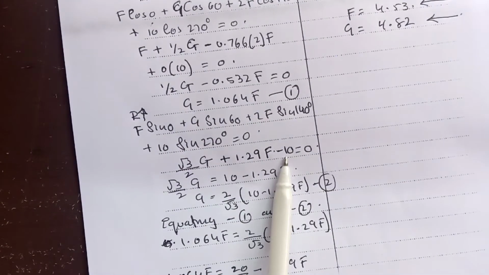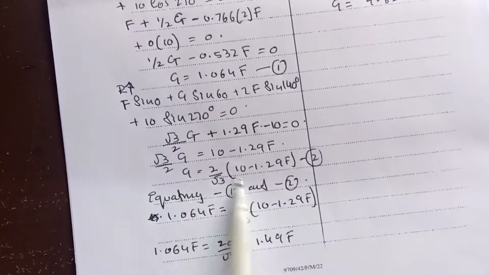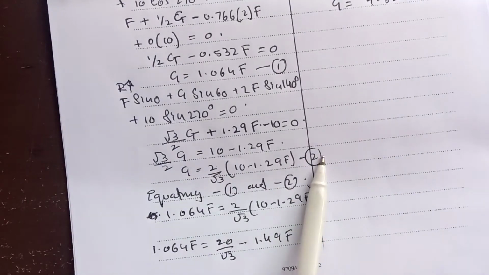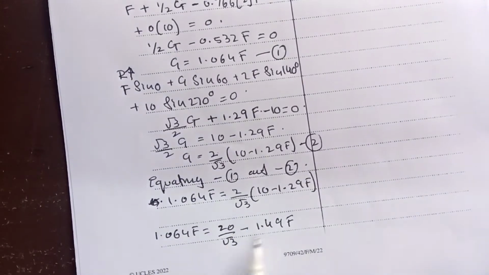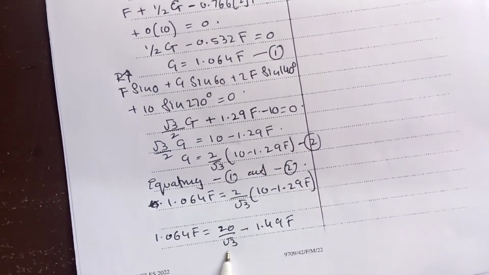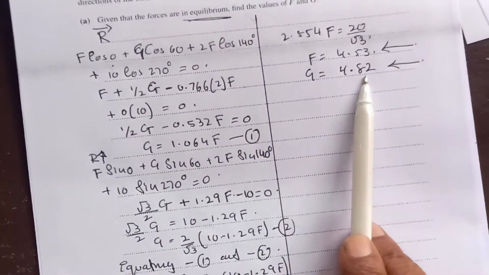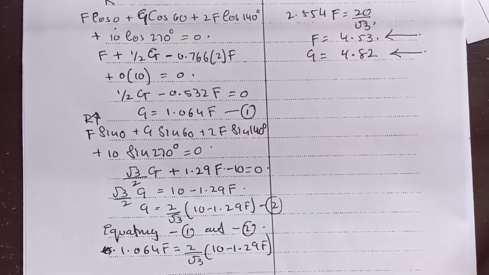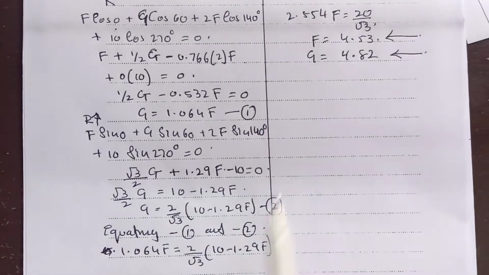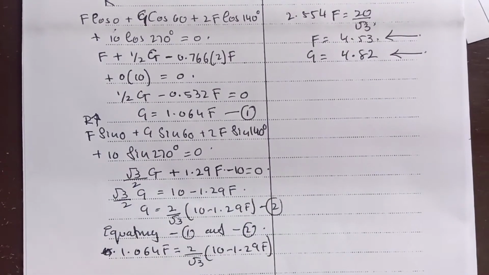Simplify. You will get the second equation. Now solve these two equations. You will have F like that. Then you will have F and G. That's simple maths. I won't do it in more detail. You have to use your brain.